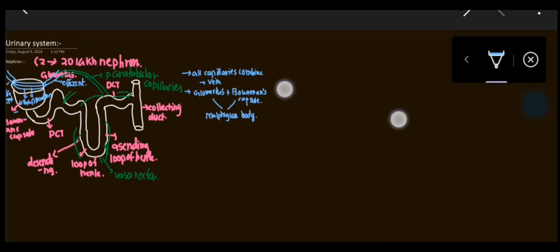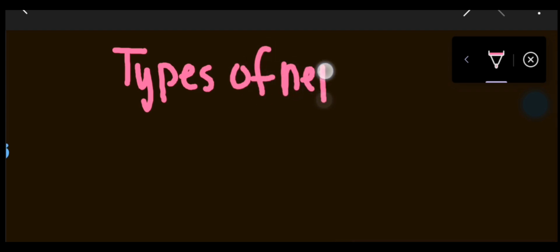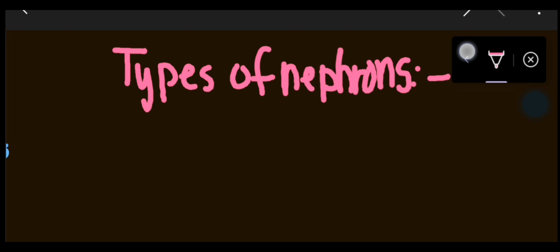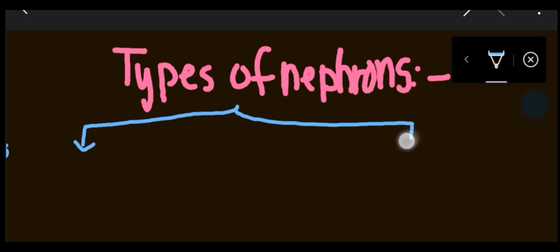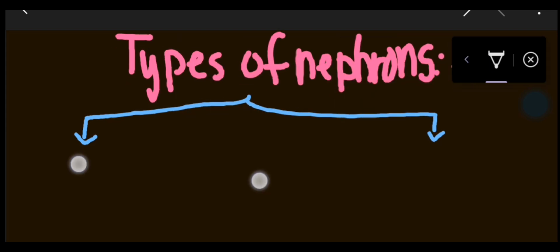Now one more topic is remaining. We are going to discuss the types of nephrons. We have two types of nephrons. The first type is the cortical nephron.